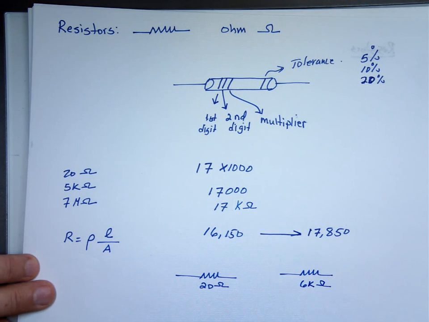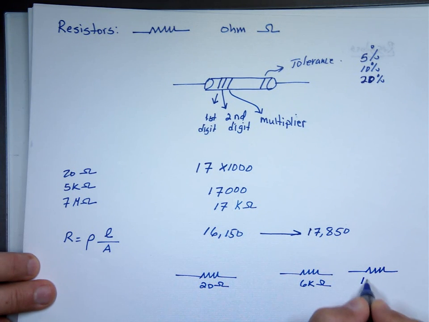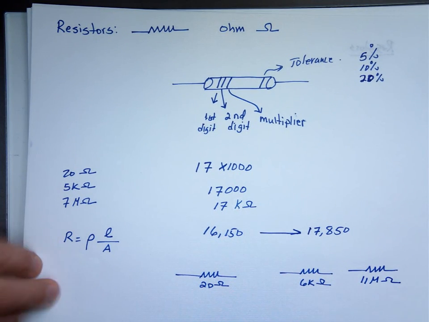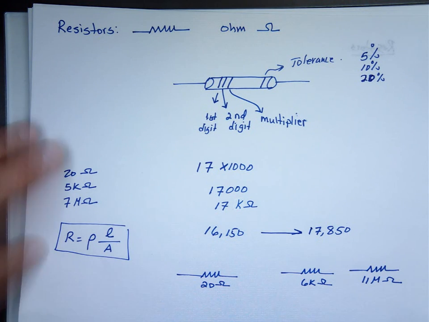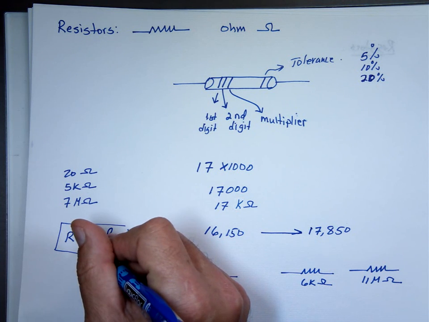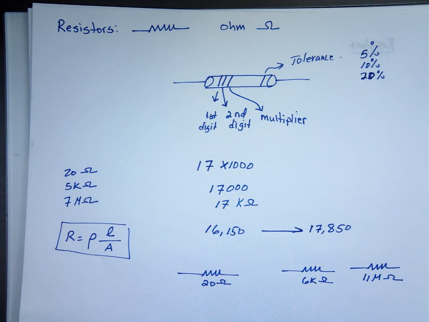The value of this resistor, 11 mega ohms. Again, it's controlled by resistivity rho times L divided by the area. Most of them, L and A, are really the same thing. Not much of a difference in length or area. Might be a bit smaller, some of them, but the key one that controls that is rho.